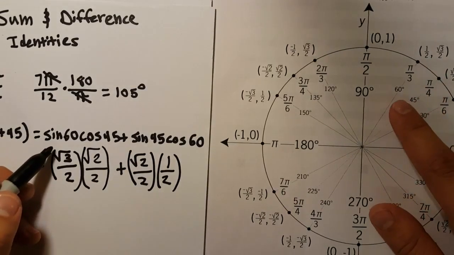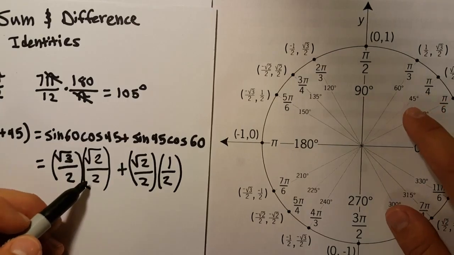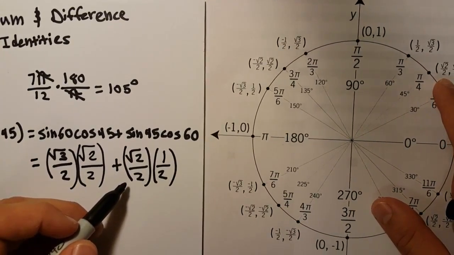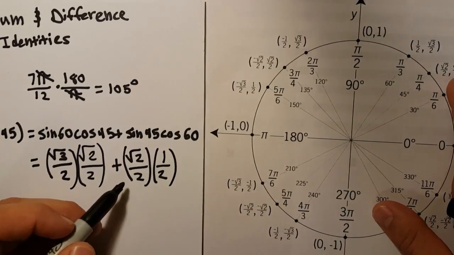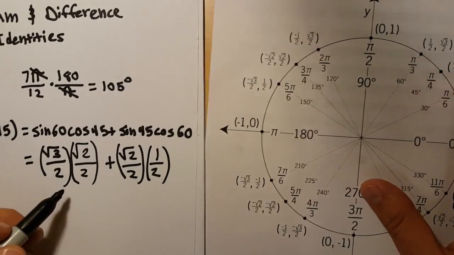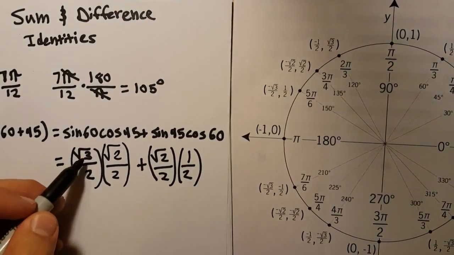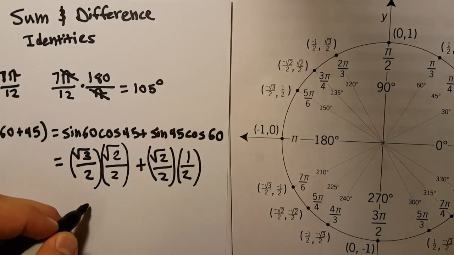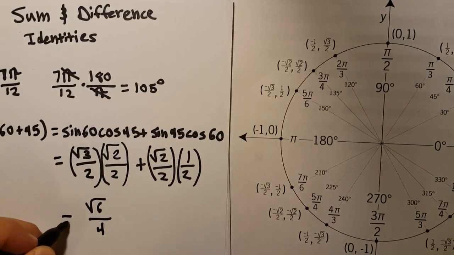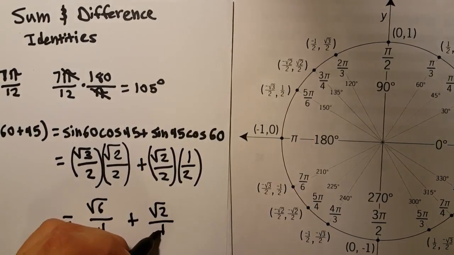So we see that sine 60 is root 3 over 2, cosine 45 is root 2 over 2, sine 45 is root 2 over 2, and cosine of 60 is 1/2. Now we look at this and simplify. Root 3 times root 2 gives us root 6 over 4, and then added to root 2 over 4.